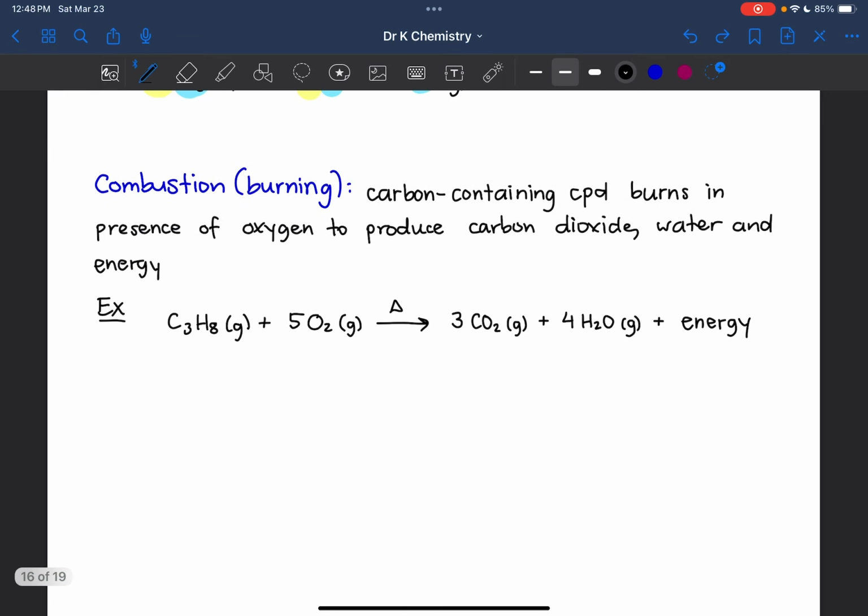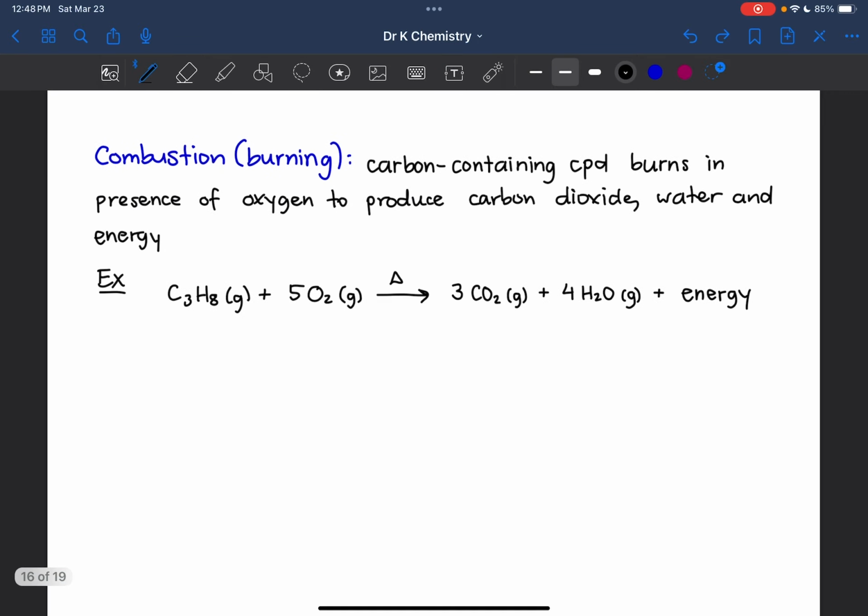Combustion is a completely separate type of category. In a combustion reaction, we are burning something. So this involves burning a substance. Most of the time, the combustion reactions that you will see involve carbon-containing compounds. So we will have some sort of carbon-containing compound that burns in the presence of oxygen.